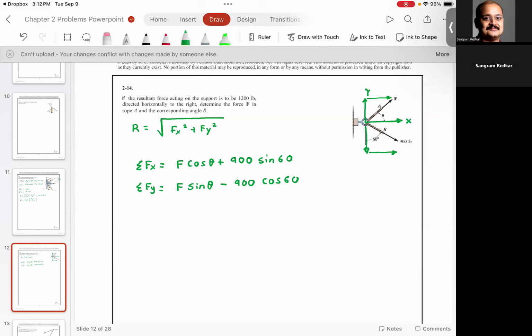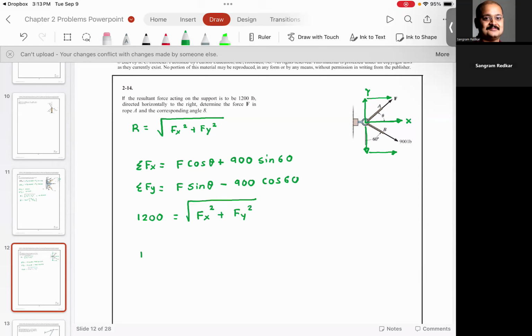Next thing you need to do is the resultant is 1200. 1200 is equal to, you have to square F of x plus square F of y and do the square root.